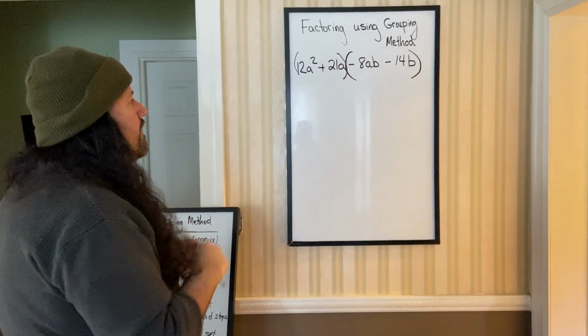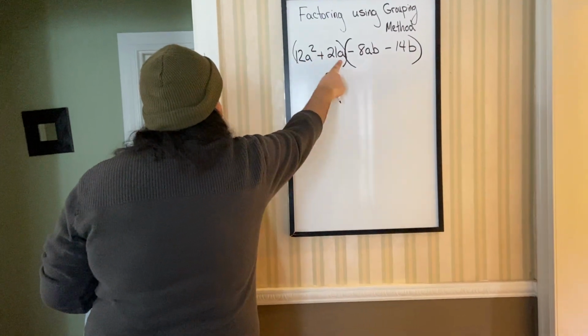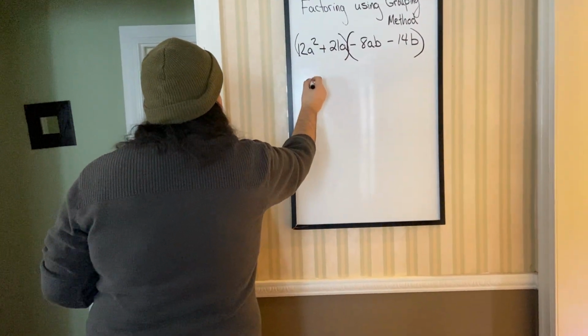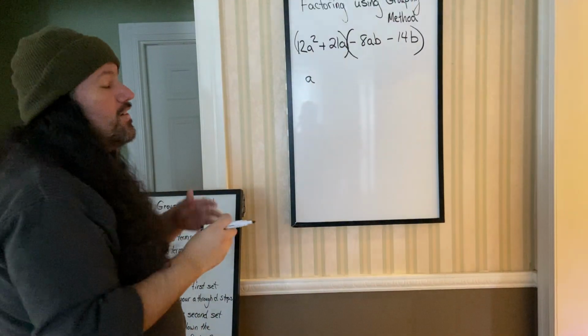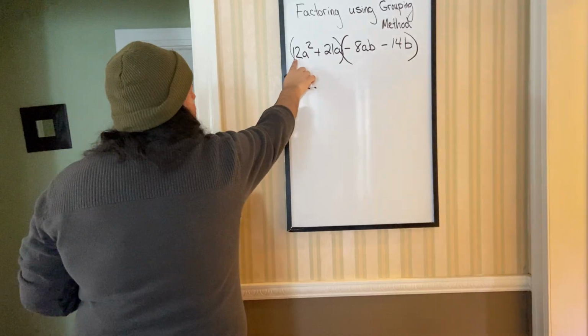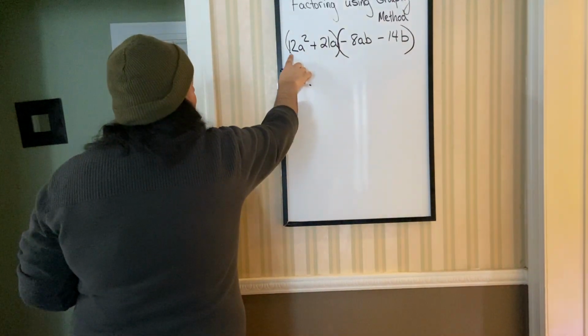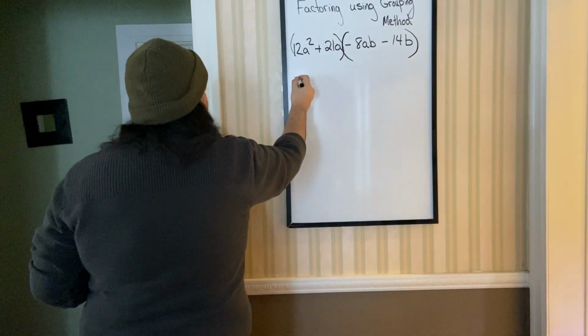We know we have an A in common because both of these you can clearly see an A. But there's also a number. Remember, this was 2, 2, 3. This was 3, 7. They both had a 3 in common.